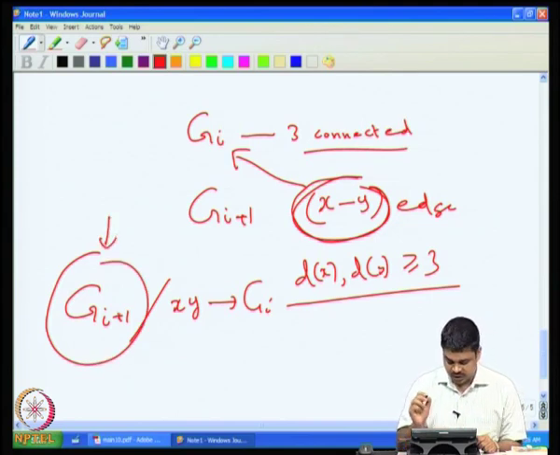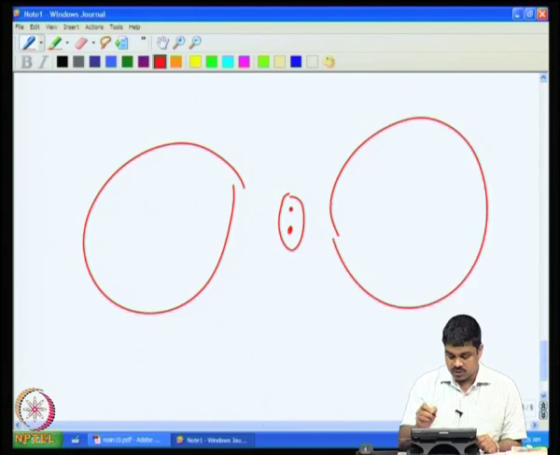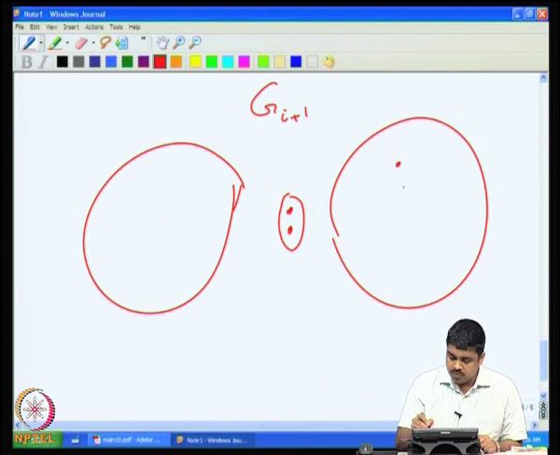Suppose this is not 3 connected, then we will get a minimum separator of cardinality 2, with 2 components on the sides. This is Gi plus 1. Now, is it possible to have both x and y on one side? That means x and y don't belong to the separator.